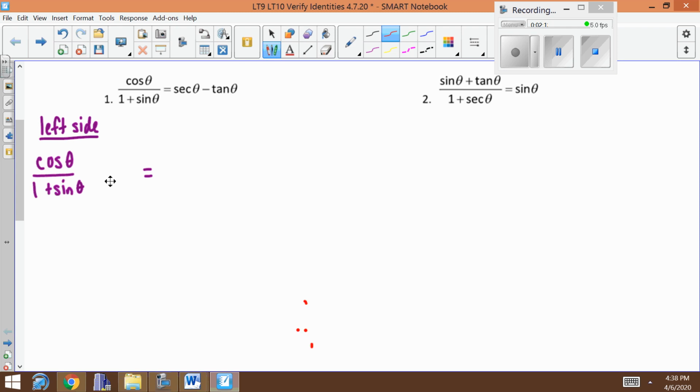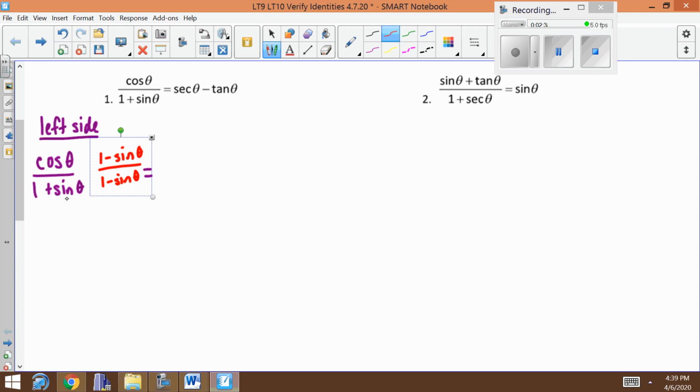So instead of squaring both sides, I'm going to look at that denominator and I see a 1 plus the sine of theta. What I can do is multiply that by 1 minus the sine of theta. If you remember from last year in Algebra 2, you talked about things called the conjugate. You probably did this when you were dealing with imaginary numbers, or complex numbers, what we call them.